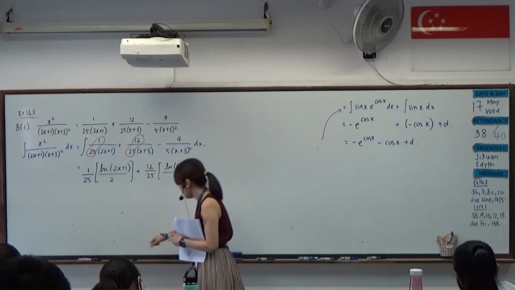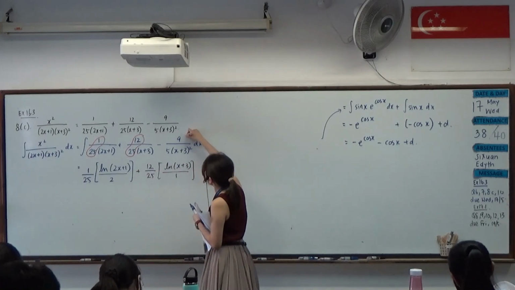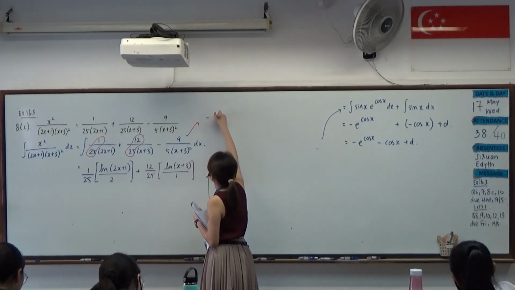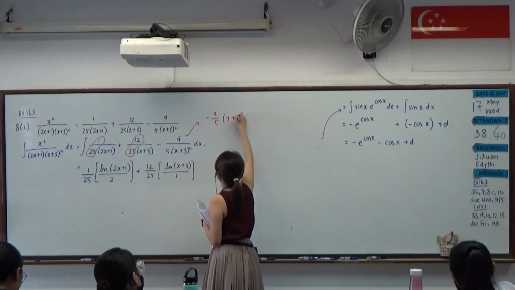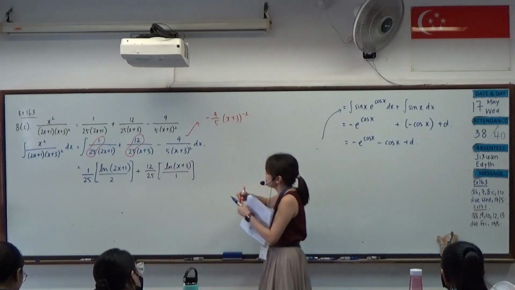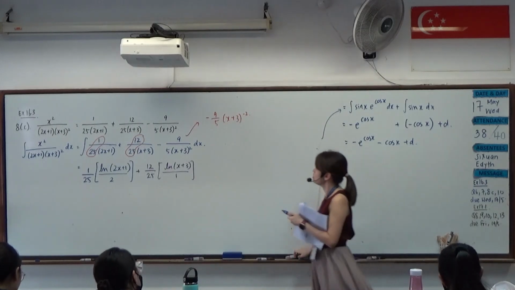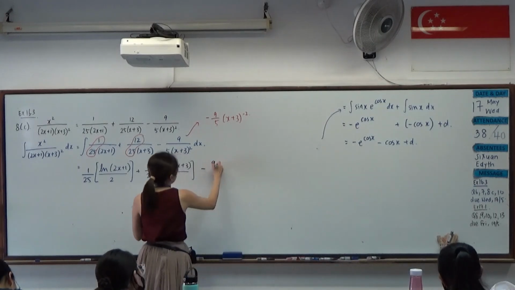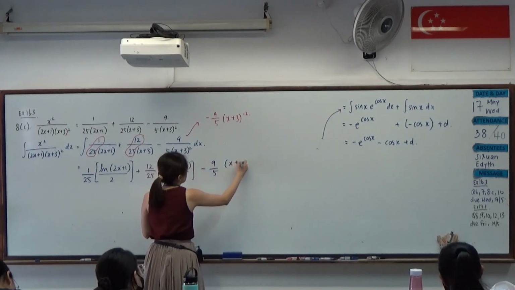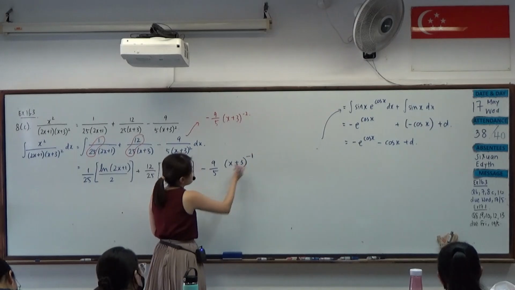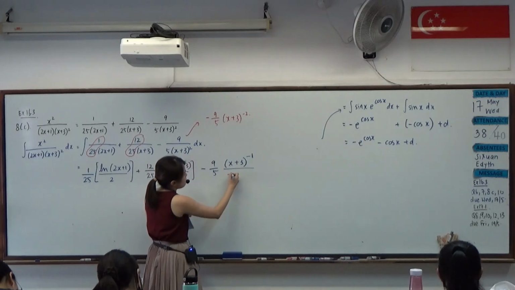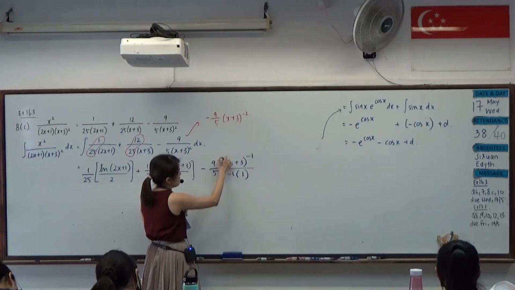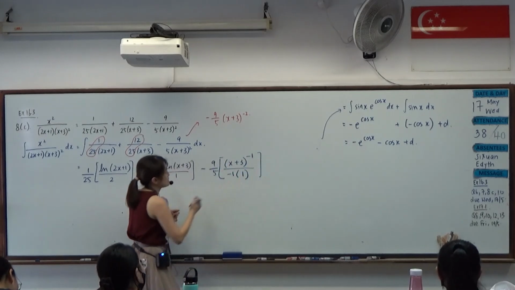We need to observe that this is the same as negative 9 over 5x plus 3 to the power of negative 2. So we apply our power rule and we get negative 9 over (5x plus 3) to the power of negative 2 plus 1, so we get negative 1, divided by negative 1, multiplying by the coefficient of x.